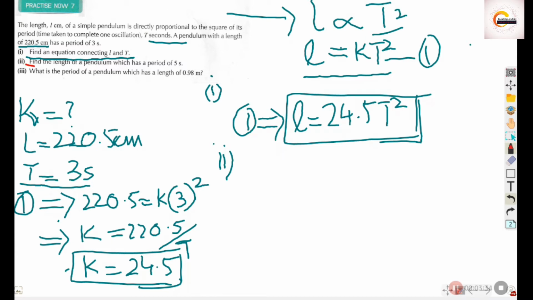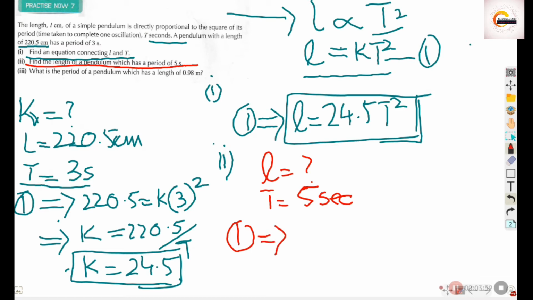For part 2, find the length of the pendulum which has a period of 5 seconds. Length of pendulum we have to find out. Time is 5 seconds, and K is already known to us, so just putting the value, L is equals to 24.5 into 5 whole square.